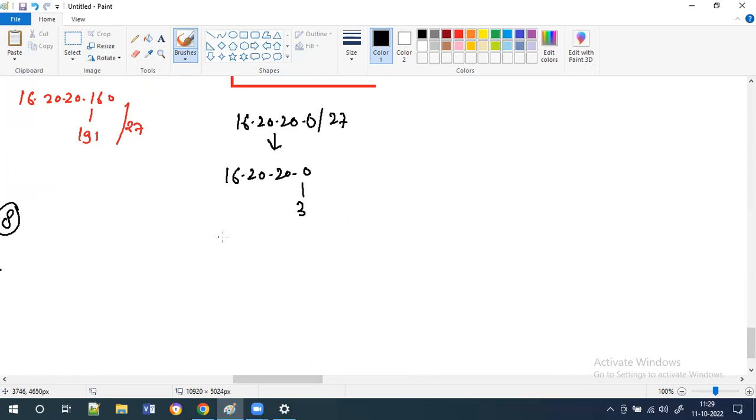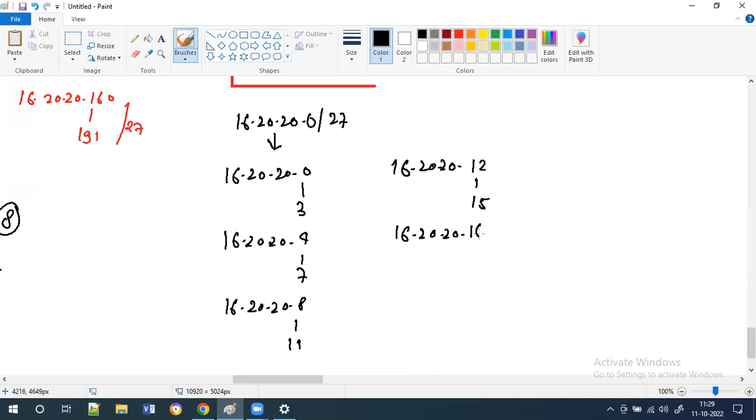First four. Second is 16.20.20.4 to 7. 16.20.20.8 till 11. 16.20.20.12 to 15. 16.20.20.16 to 19, right?